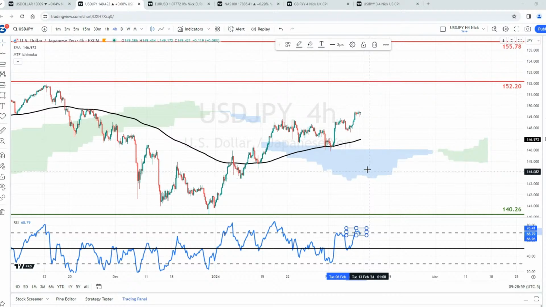But the downside appears well protected with the daily Ichimoku cloud. We're not showing it on our chart, but this is the daily Ichimoku cloud, which spans towards 143.